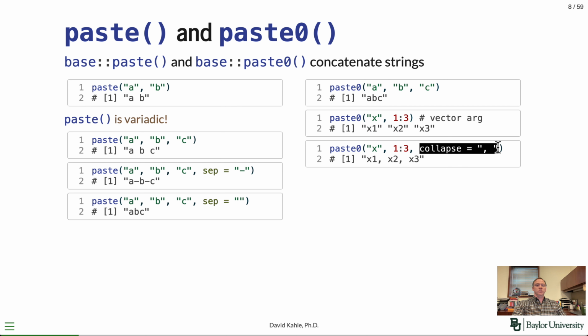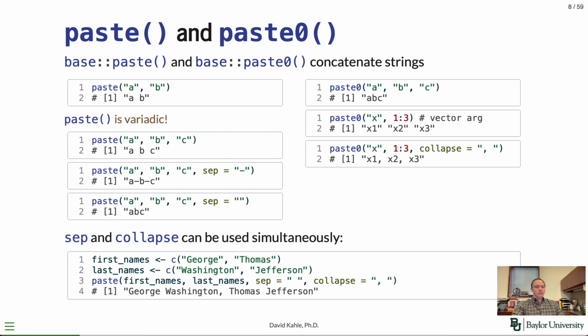So what it's going to do is it's going to take those elements and force them into being kind of like the input of paste over here. So the result is going to be of length 1. It's going to smash everything together. Now, what is the separating character going to be in that case? Well, that's the one that's called collapse, not sep, and it's going to literally just push those strings together and use the mark here, however long it is, as the separating character or sequence of characters, as in this case. Okay?